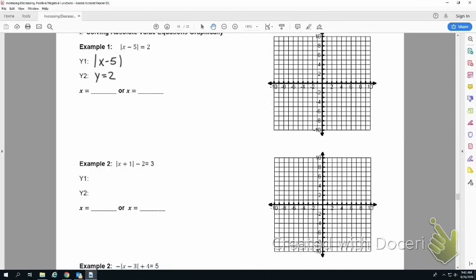Now, if it's the absolute value of x minus 5, which direction is that going to move? You just did a whole quiz over transformations. To the right 5. So I'll go over to the right 5. That's where my vertex is going to be.